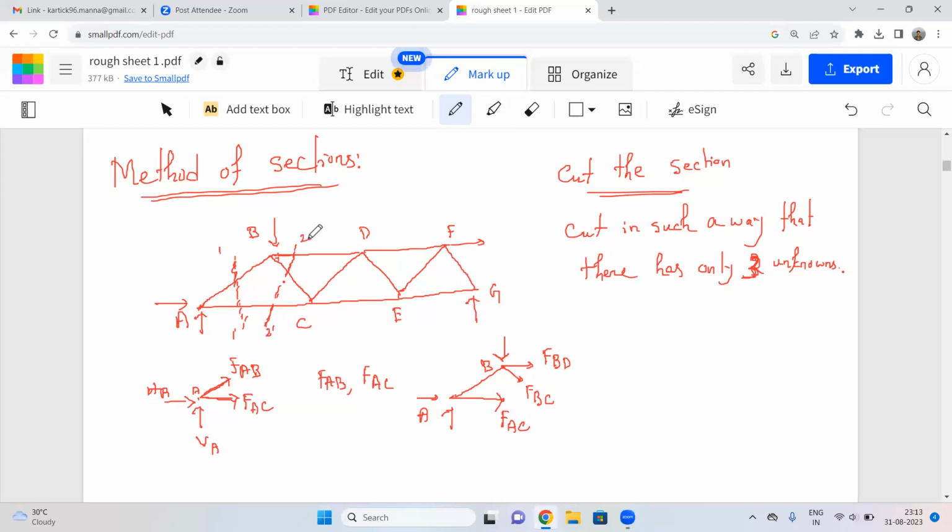When we have cut through section 2 dash, these three portions are opening, right? So nothing has changed in member AB. So for AB, we don't need to show any kind of FAB. Because if you show one FAB from this side, you also need to show another one, so that the two vanish each other.